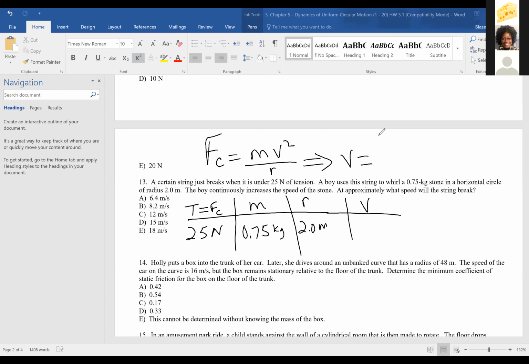Okay, no one has the answer yet? Okay, we're solving number 13 and we're solving for V. Okay, let's see what somebody's saying.